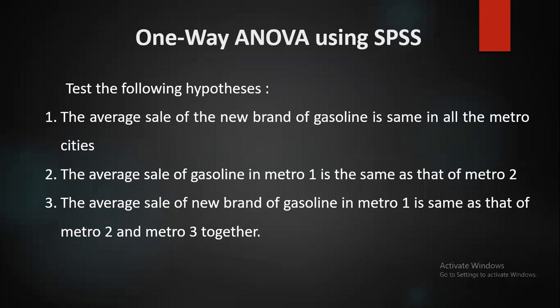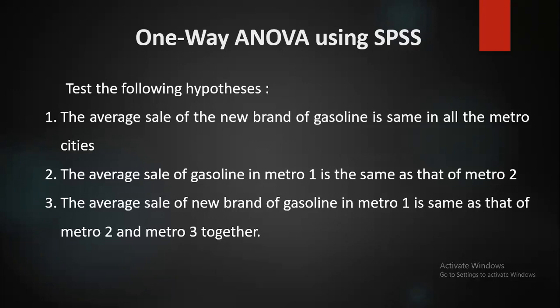These are the hypotheses we are going to test using one-way ANOVA in SPSS. The first hypothesis is a simple hypothesis, whereas the second and third are complex hypotheses. So we are going to learn how to analyze a simple ANOVA and then go further to complex hypotheses.